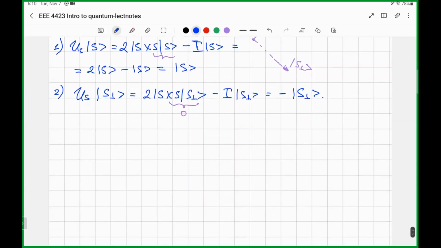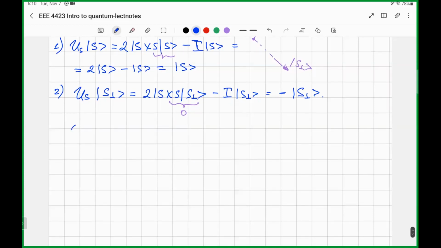Okay, and in the general case, for any vector state X, if I reflect it over the vector S, it's going to be 2S cross S vector X minus identity vector X. So this is in the general case.